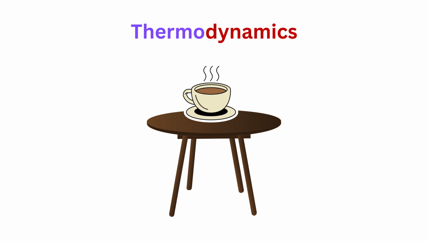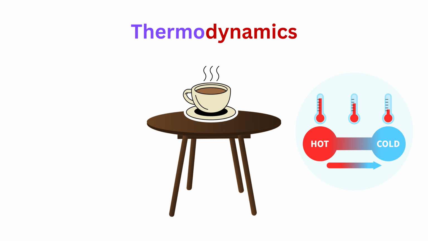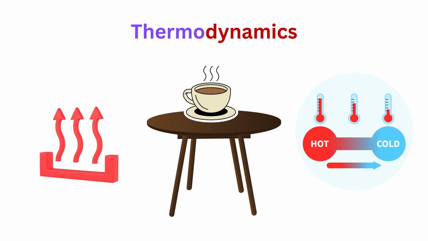When it is left on a table, after some time, it becomes cooler. Why? Because heat from the coffee flows to the surrounding air. The study of this heat flow, how much heat goes out, why it goes out, and what changes happen in both the coffee and the air, is actually what thermodynamics is all about.